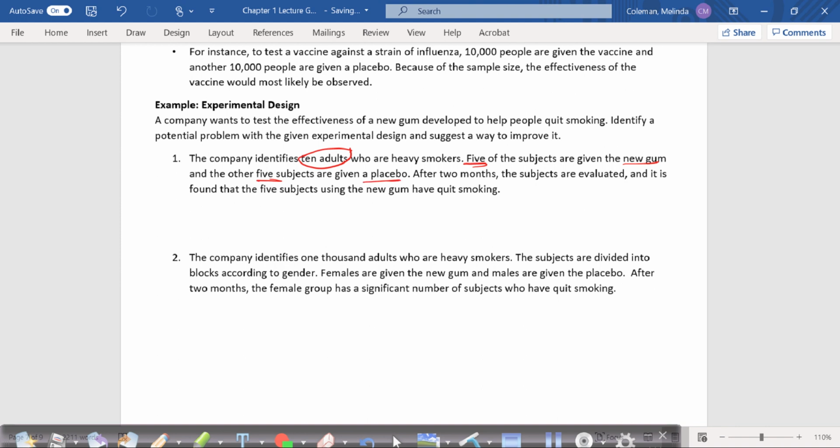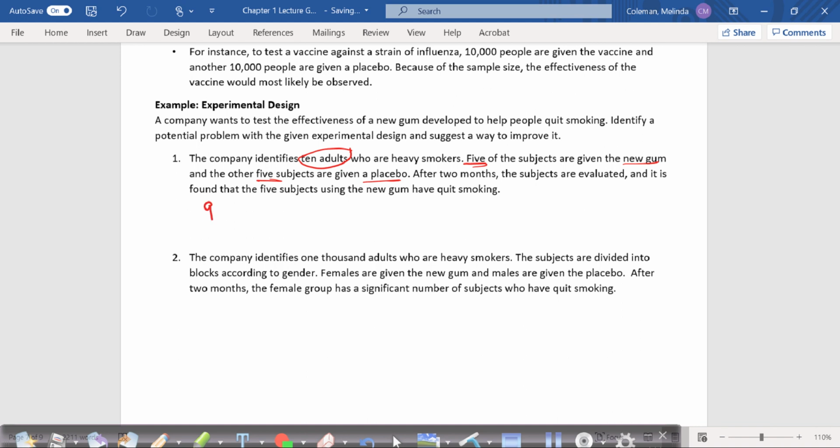After 2 months, the subjects are evaluated, and 5 subjects using the new gum have quit smoking. So this sounds like it's great results. It sounds like things are going really well. So if you were to stop right there, then this company might say, hey, this is 100% effective. Everybody who was given the gum quit smoking.